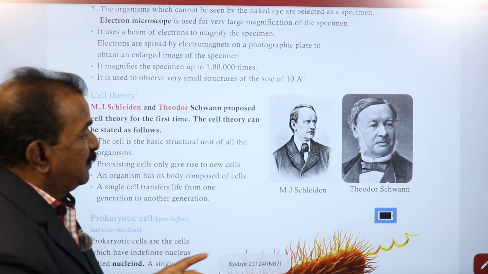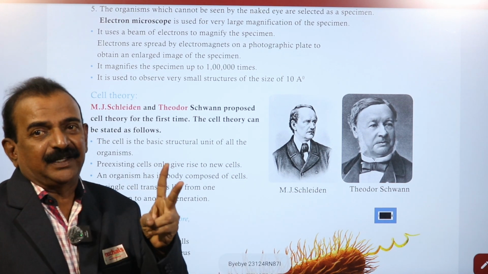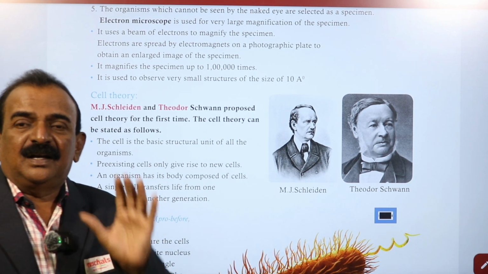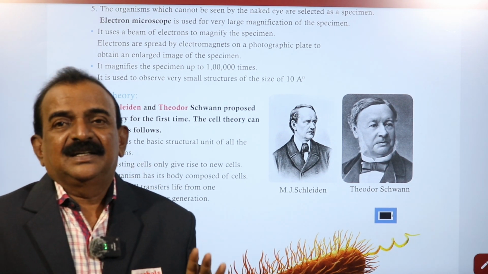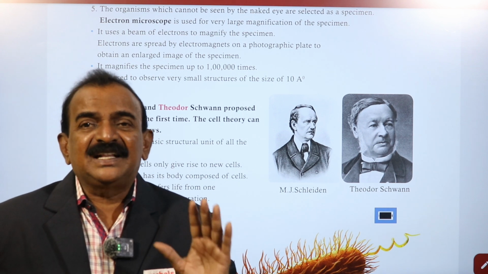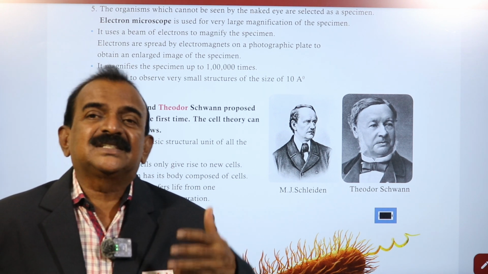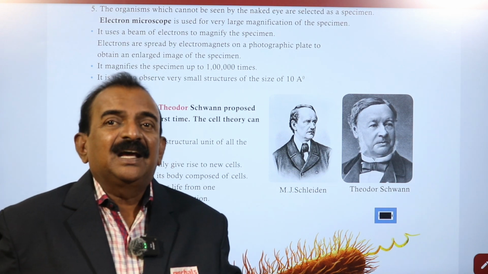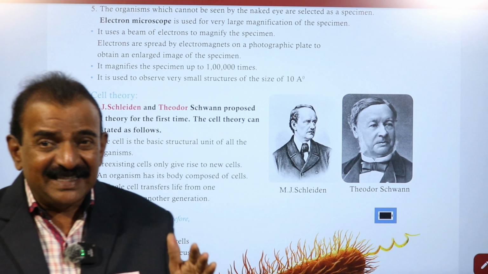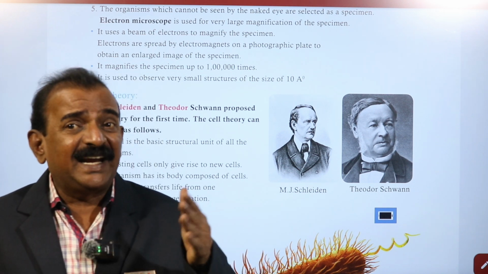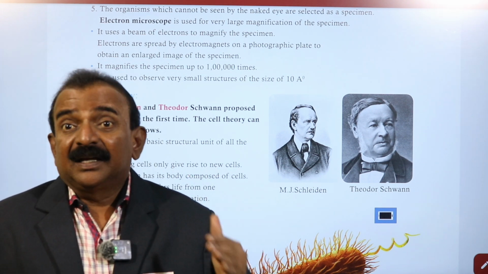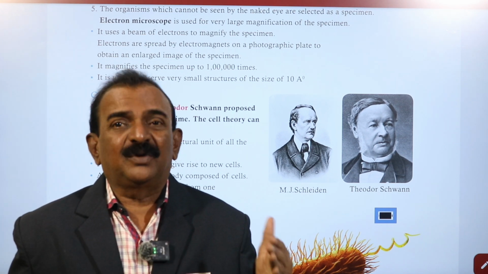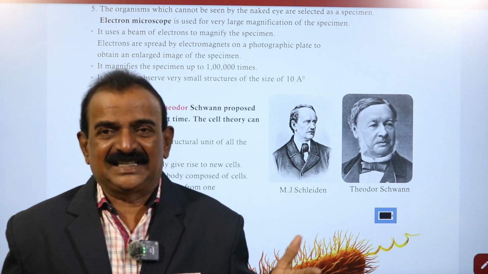Here you are observing the presence of two scientists, Schleiden and Schwann. They are famous scientists. They proposed the cell theory, about how cells are formed. According to the cell theory, in the years 1838 to 1839, they proposed that new cells are formed from pre-existing cells.